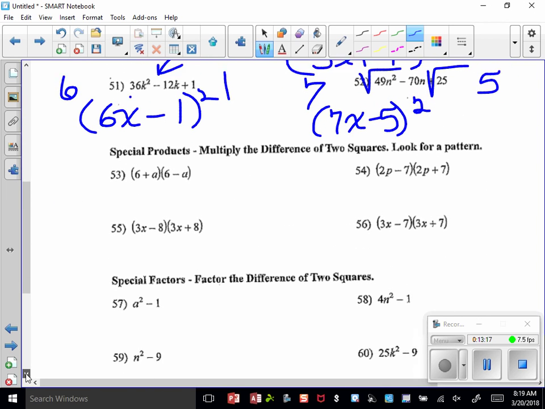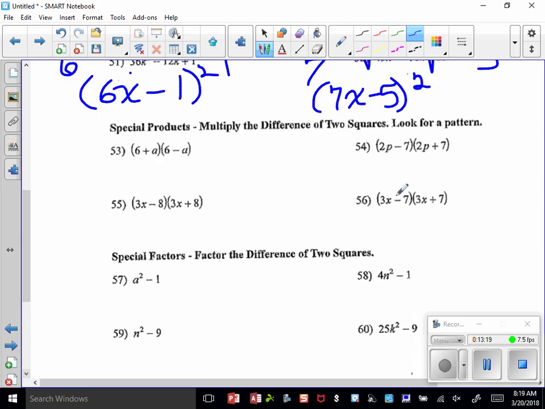All right, let's look at another special case. First I want you to look at these 53 through 56 and tell me, what do you notice about all of these? Something's special about them. Very good.